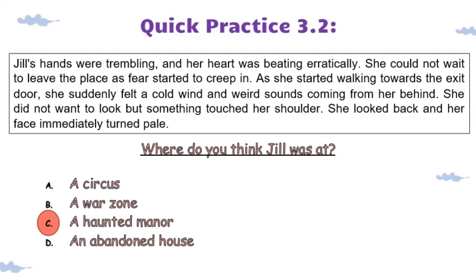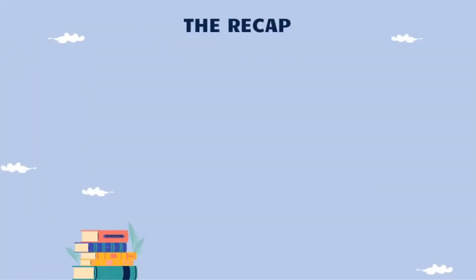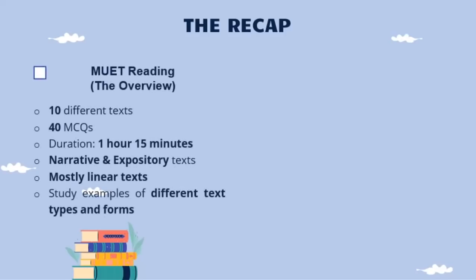Let's recap what has been presented so far. In the MUET reading paper, there will be 10 different texts to read and 40 questions to answer. You will have 1 hour and 15 minutes to complete the test. The reading texts will be a combination of narrative and expository texts, and mostly will be in the form of linear texts.